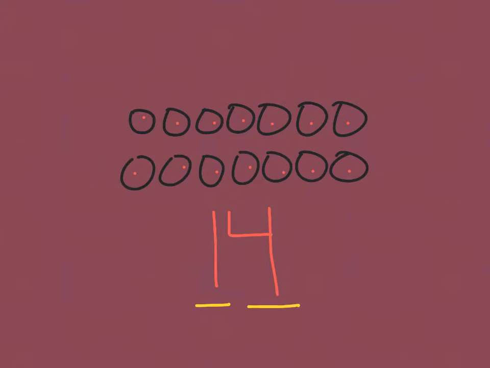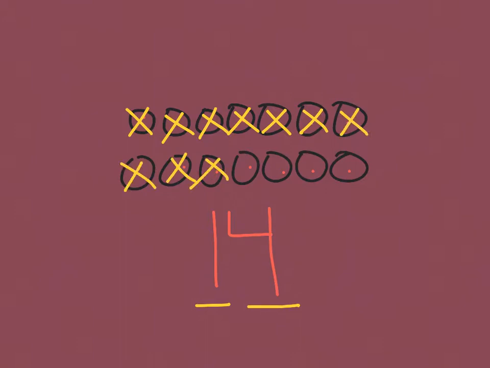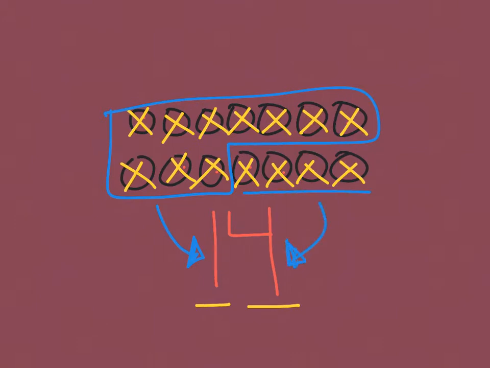We can also see it in the diagram above if we count 1, 2, 3, 4, 5, 6, 7, 8, 9, 10. This set of 10 indicates that there is one ten. And if we go on to count 11, 12, 13, 14, we can see that there are 4 single units, indicating that there are 4 ones.